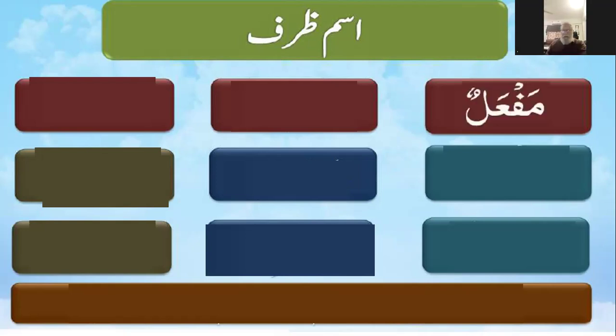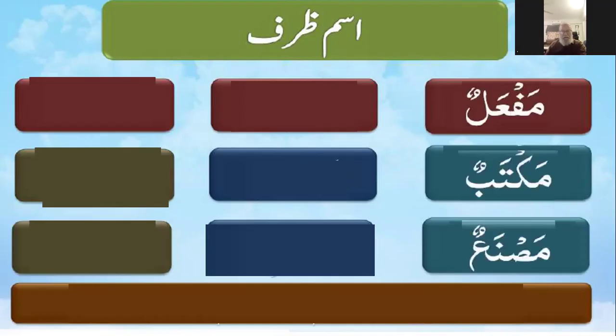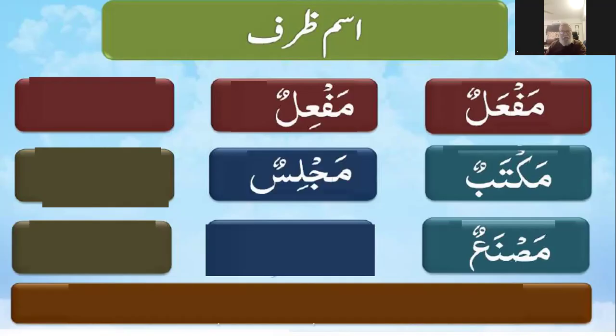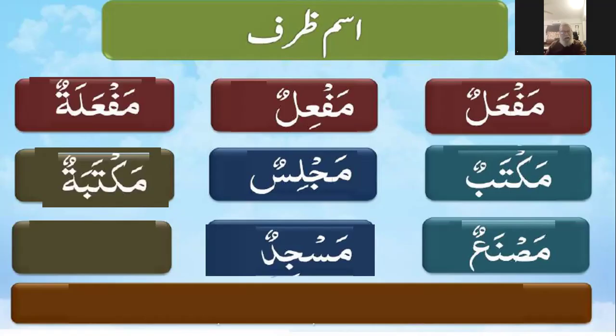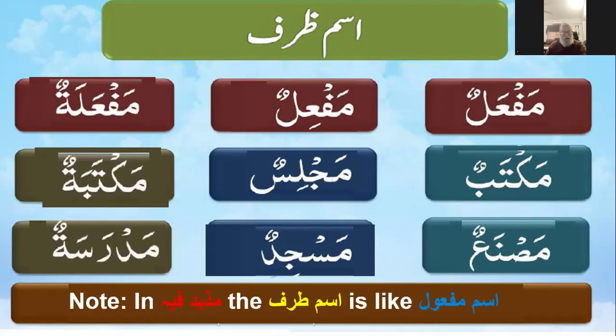So its pattern is maf'alun. Examples are maktabun, masnaun, maf'il, majlisun, masjidun, maf'alatun, maktabatun, madrasatun. In mazid fi, the isme zarf is like the isme maf'ul.